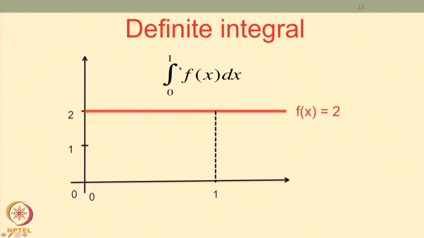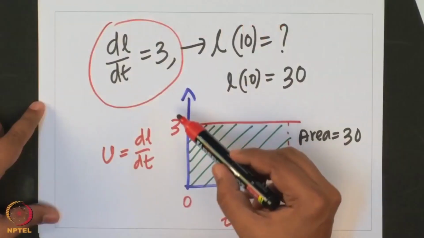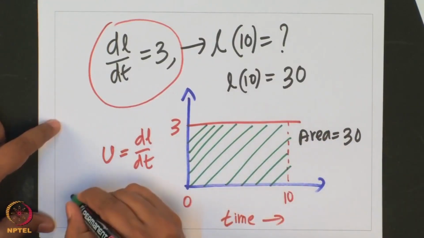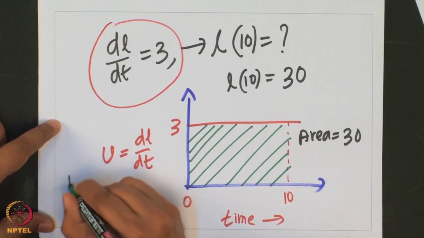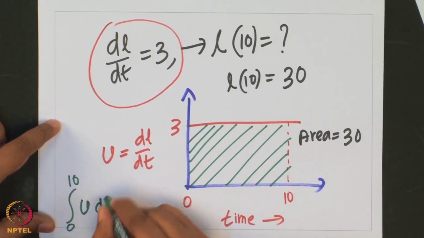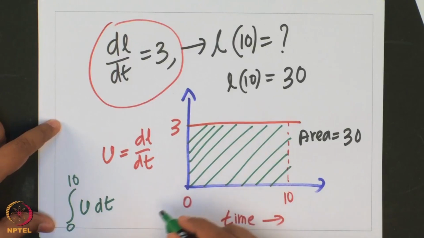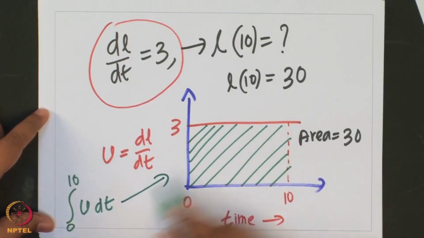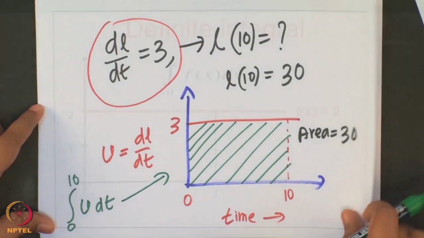If we come back to this example, what we did here is nothing but integral 0 to 10 v dt. So let us re-understand this.